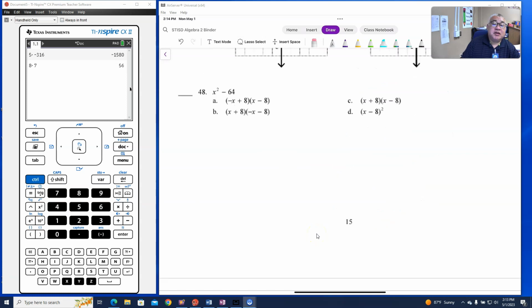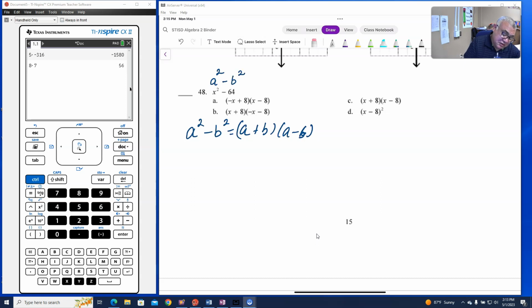You've been hearing me say about the greatest common factor. You've been hearing me say about the perfect square. Well, the rule is a squared minus b squared equals a plus b, a minus b. So remember, this is your a squared and this is your b squared. So you need to know what a and b is.